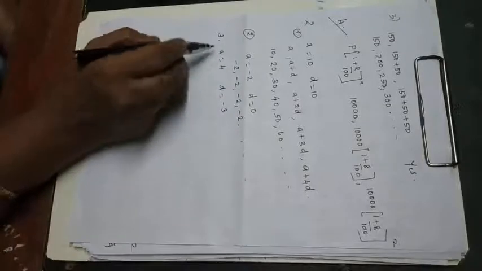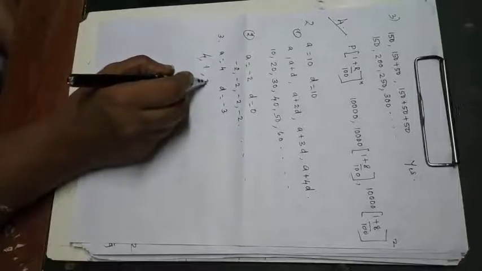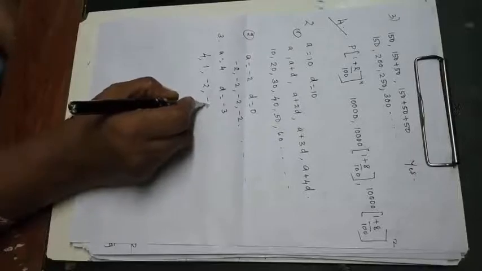So A is 4, then 4 minus 3 is 1, 1 minus 3 is -2, -2 minus 3 is -5. So it will go on like that. I think you can complete that one. Simple one only. Keep on adding D to the first term, second term, like that.